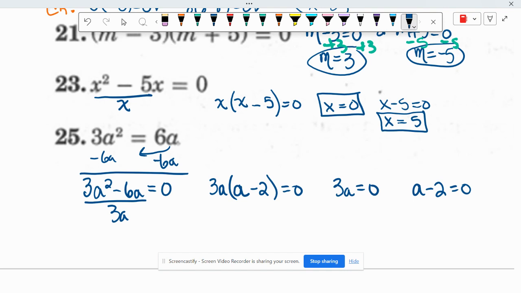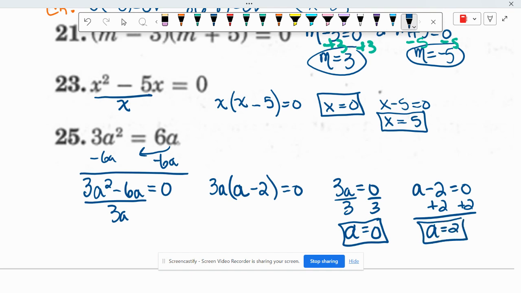Well, if 3 times a equals 0, what is a? Yeah, you divide both sides by 3. 0 divided by 3 is still 0, right? Or you add 2 to both sides and you find out that a is what? +2.